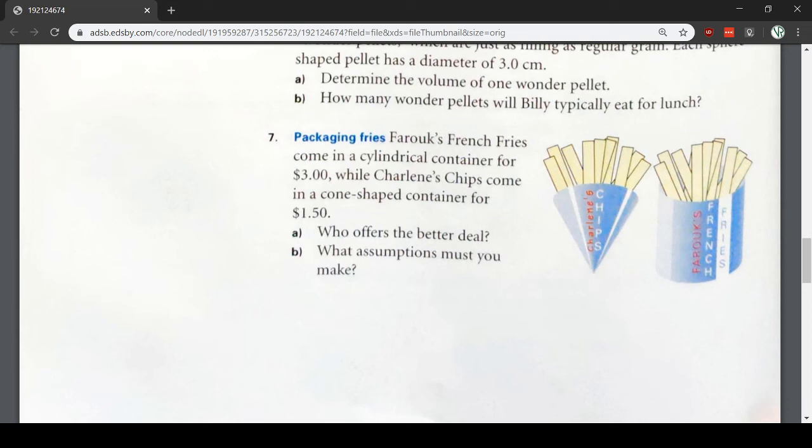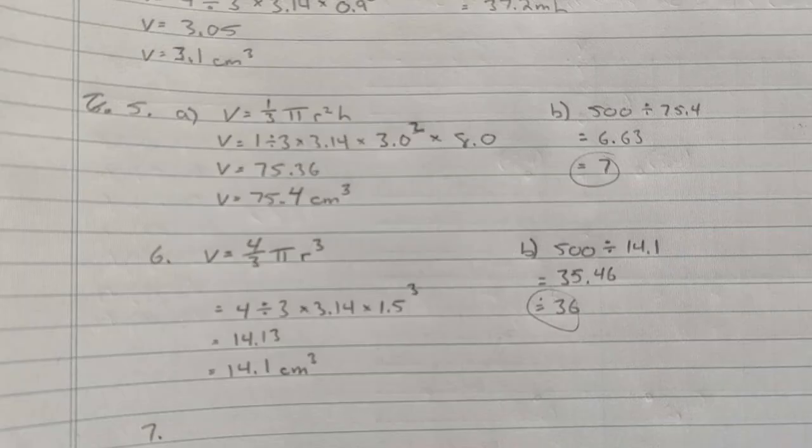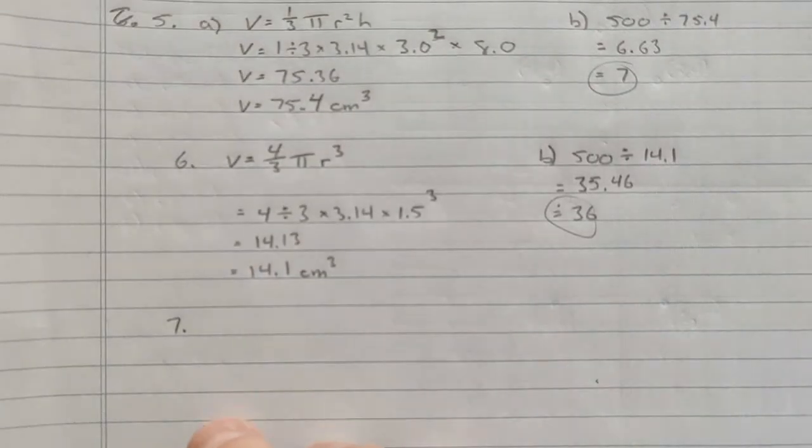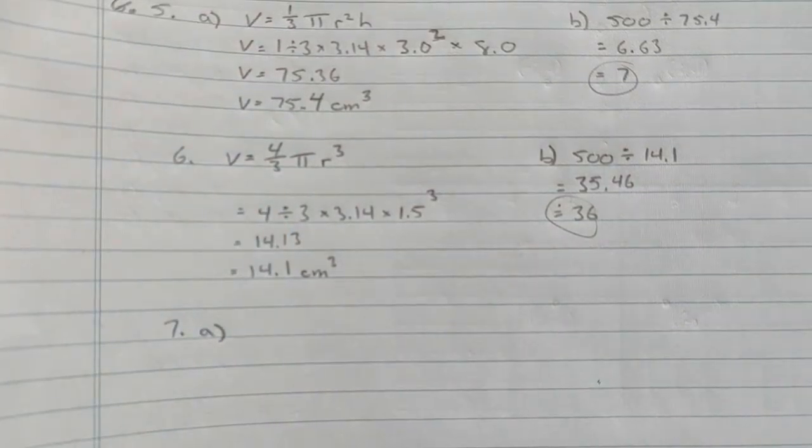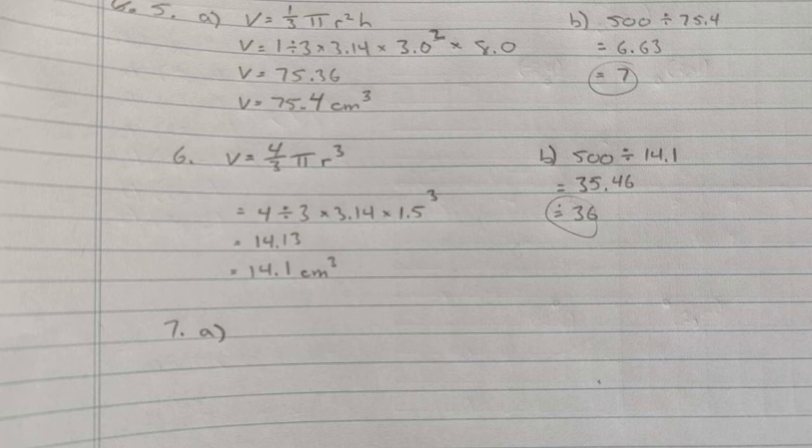All right, so let's take a look at that. In the case of part A, we have Farouk's French fries coming in a cylindrical container for $3, and Charlene's chips coming in a cone-shaped container.